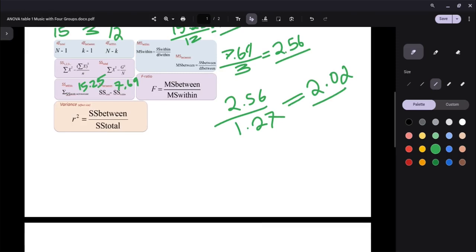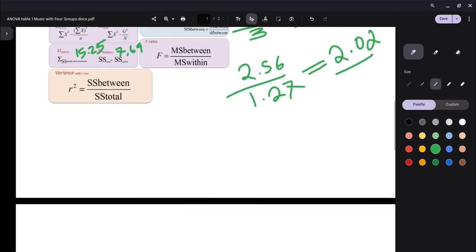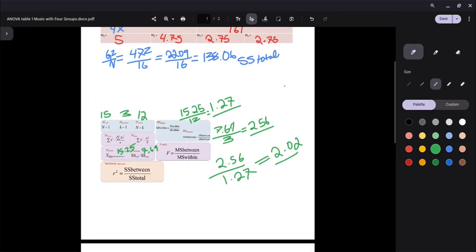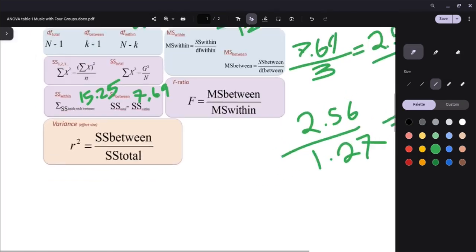So yeah, our final answers. Oops, we got to find our variance as well.